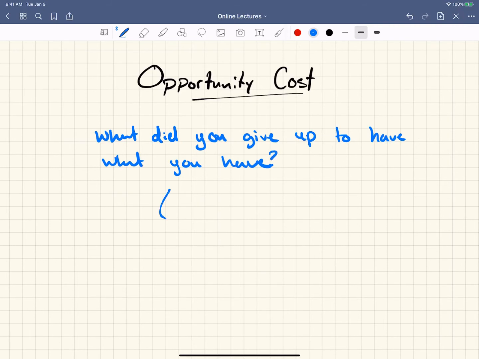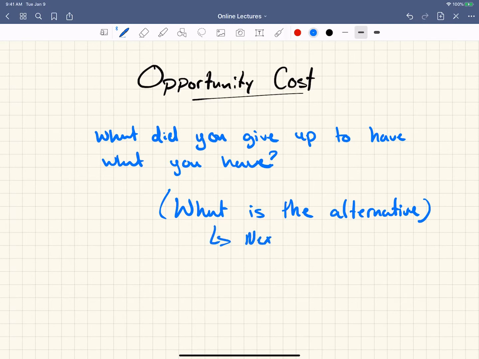Or put another way, what is the alternative? Okay, it's the next best thing. These are all different ways of saying the same thing, right? What did you give up to have what you have?